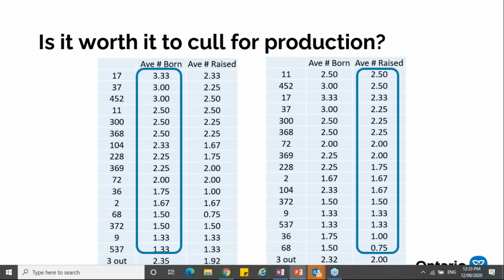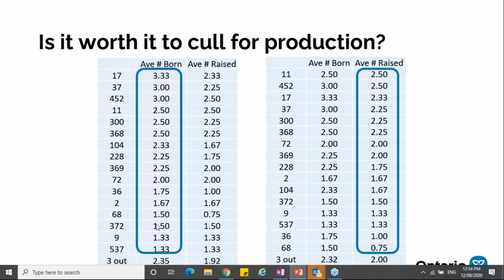So what if we just sort them, right? In this case, on the left here, I've got them sorted by number born. Now all of a sudden it's really easy to say that in this group of 16 ewes, there's a range of animals that are having from 3.33 lambs born right down to 1.33. I can easily see where that sits. These ones having two and a half or two and a quarter are sort of middle of the road.